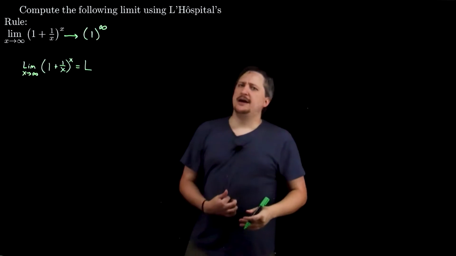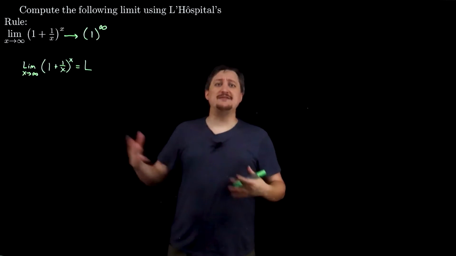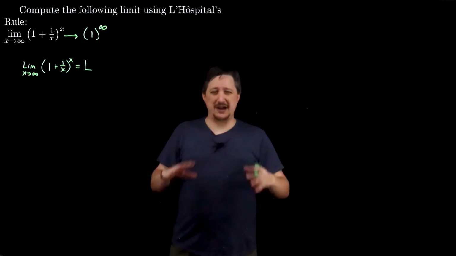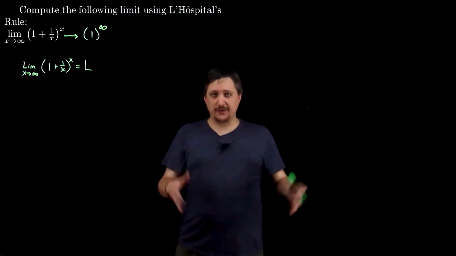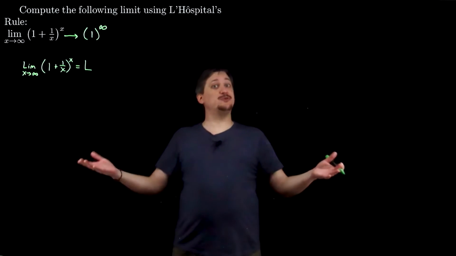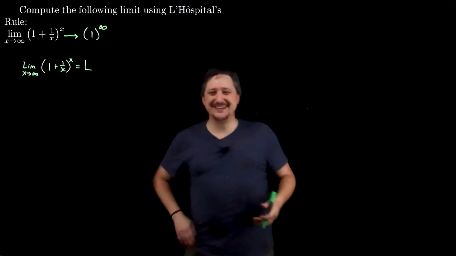For those of you that may have seen this before, this is actually a classic limit, but even if you have, forget that part for a second, we're going to show how we get there. And if you have no idea what I'm talking about, don't worry about it. We're about to see.